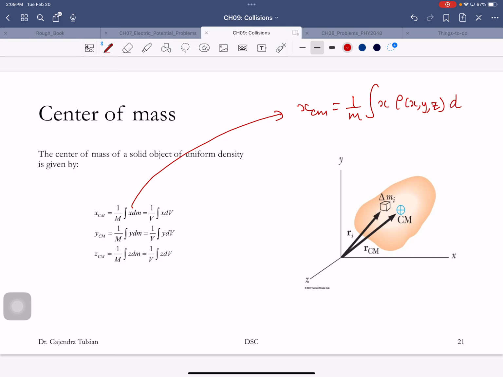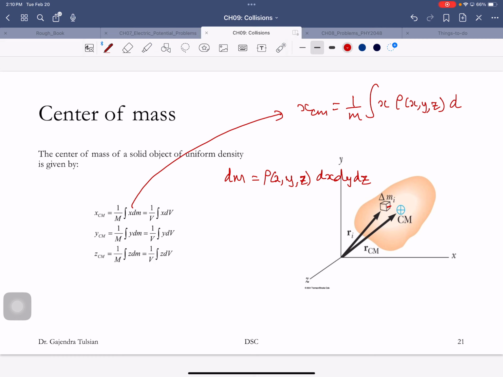So dm, the mass of this little piece, is the density of the matter at that location, times the volume. And the volume is dx, dy, dz. This is in Cartesian coordinates. Based on the symmetry of the problem, you use various coordinate systems.